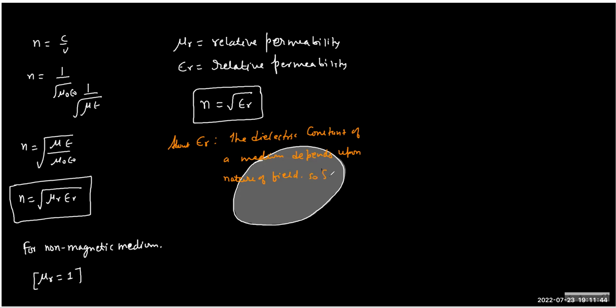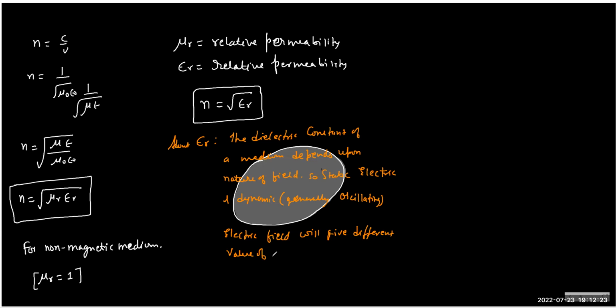So the static electric field and the dynamic, generally oscillating, electric field will give different values of epsilon r.